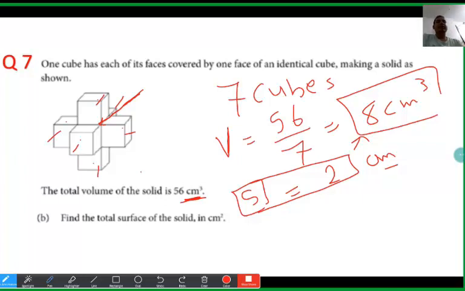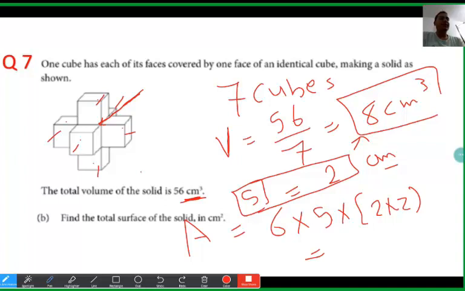That means for each cube, only 5 faces will be counted. So we have 6 cubes, each one 5 faces, and the area for each face is 2 times 2. So finally the surface area equals 5 times 6 times 2 times 2, which is 120 centimeter squared. That's it.